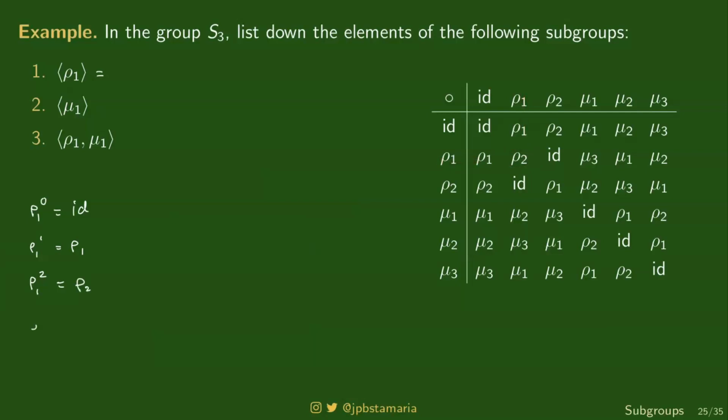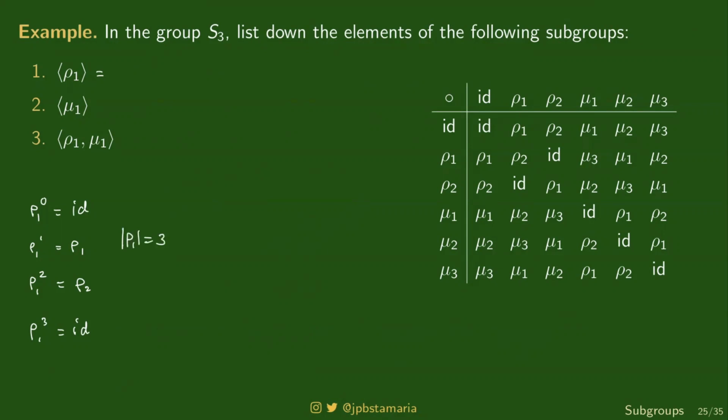But now, as you can see, if I take row 1 cube, ano mangyayari sa row 1 cube? Row 1 squared times row 1, kaya identity. Nakita niyo bumalik na sa identity? So in other words, row 1 has order 3 kasi bumalik ka na sa identity for the first.